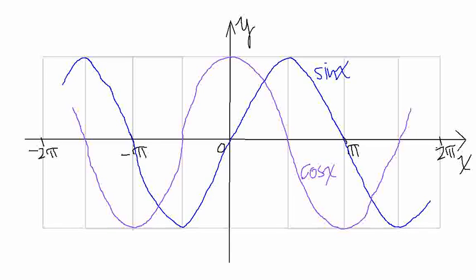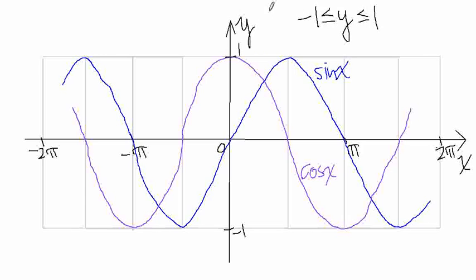Notice that the y values are constrained to lie only between the y values -1 and 1. So that tells us that the range of the sine and cosine functions is the y values between -1 and 1. So I can express that this way.